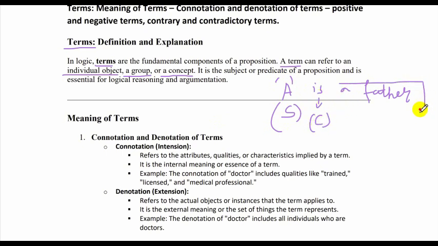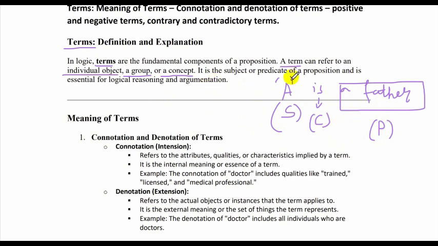A father is a predicate. Birds can fly. So bird is a subject, can fly or fly is a predicate. So the predicate and the subject and the copula, they are part of a proposition.